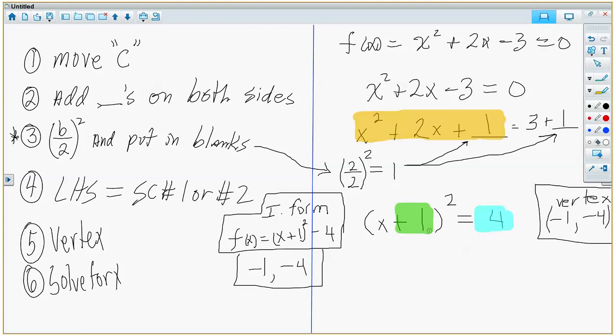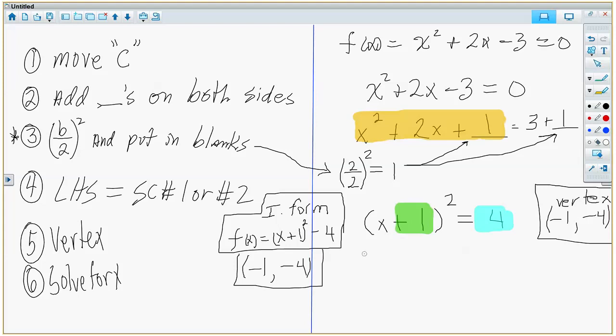You take the opposite of both. Boom. If it tells you to put it in intercept form, you have to put f of x in front of it, bring over the 4, and then you take the opposite of the 1 and the negative 4 you bring down. I just tell students to do it this way. But you have to know this in order for some of the homework and test questions.